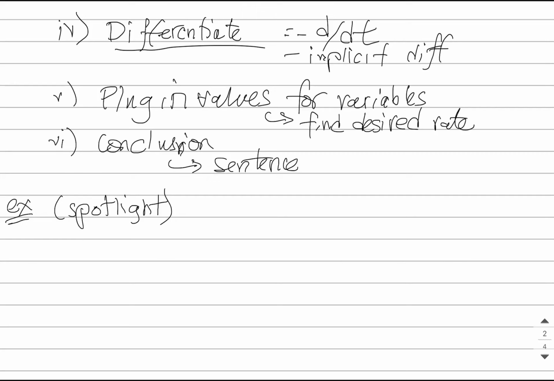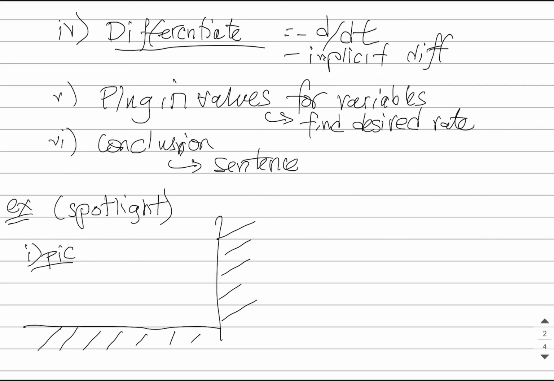So again, this file is all written on the PDF, but what we want to do is take a problem like this and start attacking it. And the first thing that needs to be done is a picture. And this doesn't have to be a work of art. It just needs to get the idea across. And so we've got a person walking toward the wall.